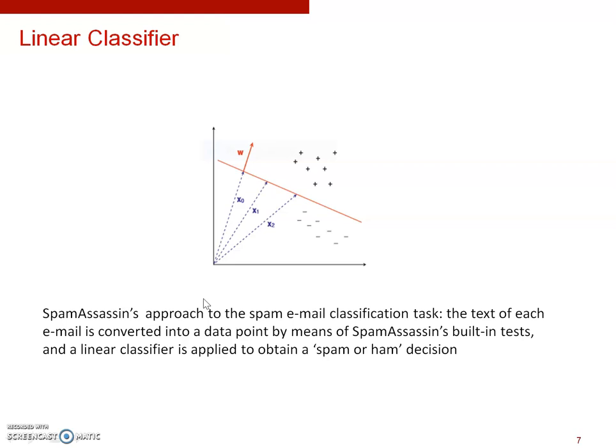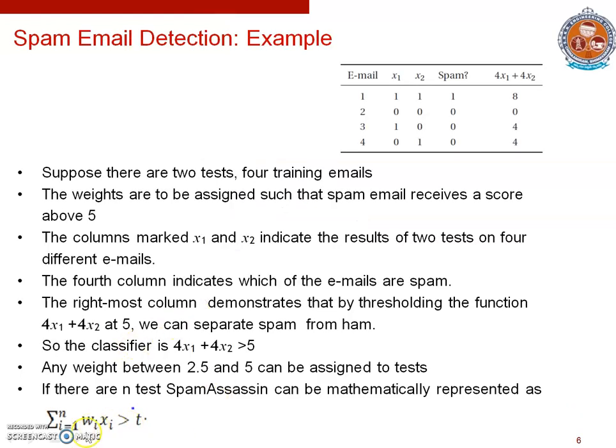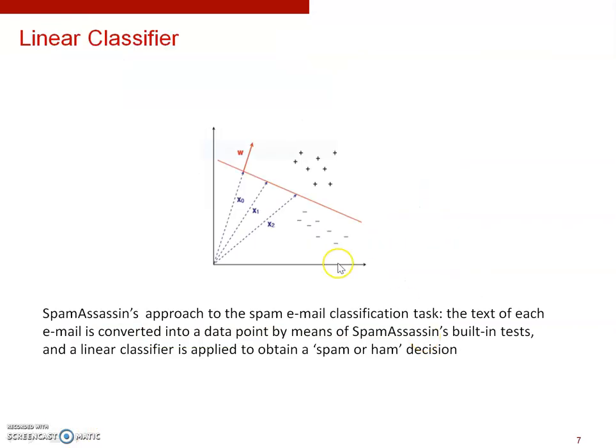The linear classifier is defined by this equation: the sum over i equal to 1 to n of wi xi greater than t. The linear classifier is identified by this decision boundary. Linear classifiers can only classify linearly separable classes.